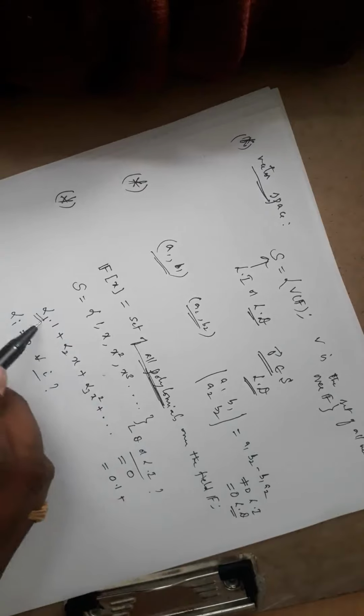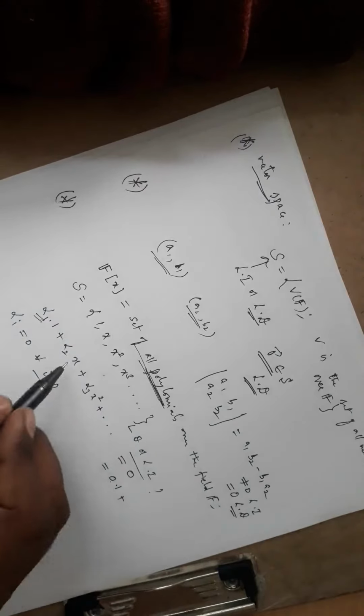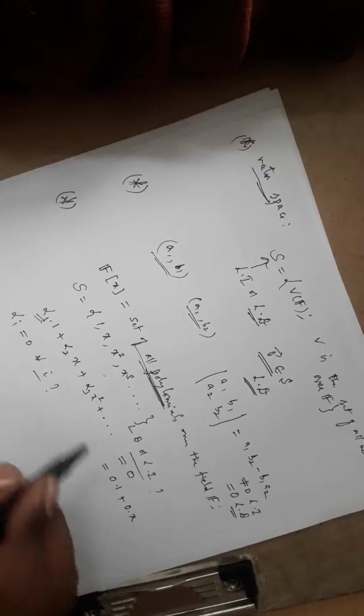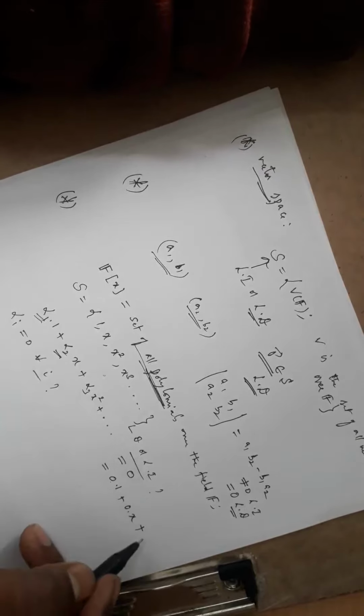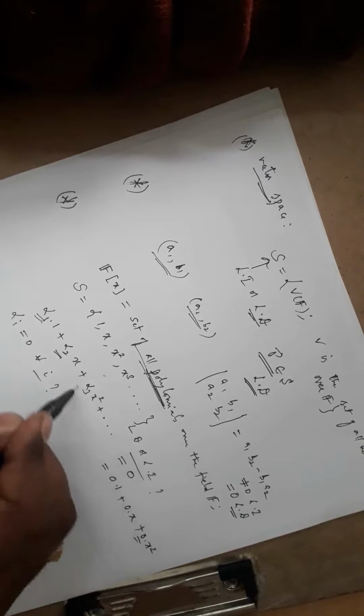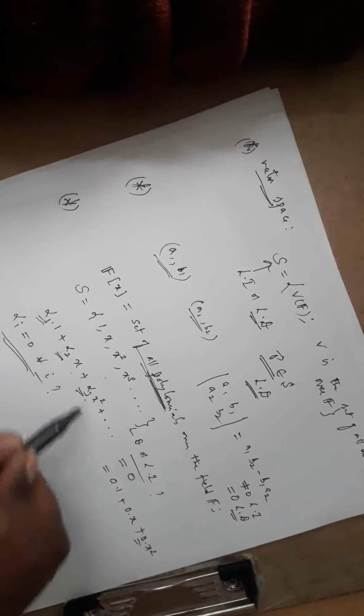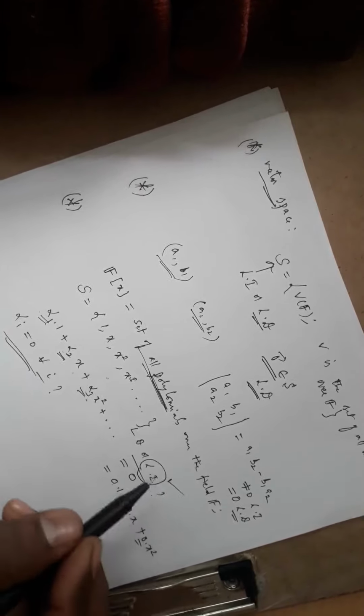So alpha 1 is 0. Equate the coefficient of x, 0 into x. So alpha 2 is 0. Equate the coefficient of x square, 0 into x square. So alpha 3 is 0. For all alpha i you will get 0. So all these scalars are 0, which means it is linearly independent. This idea is clear? Although this set is infinite, we can think about linear dependence and independence. That was the first remark I had explained.